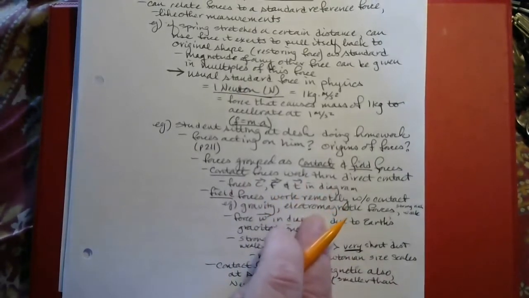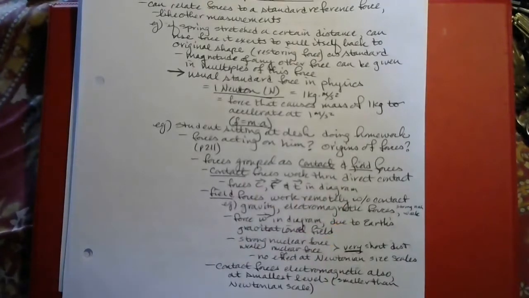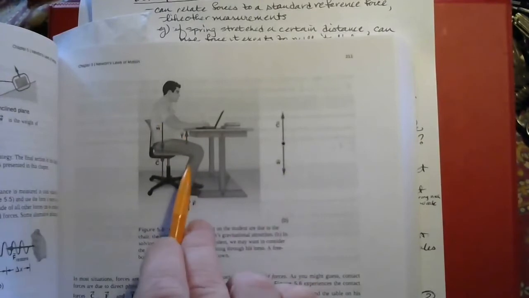And in the diagram, the diagram is on page 211. There's no way I could draw this, so I'll just show it here. So this is the diagram we're talking about here. So we have various forces. The force on the table, the force of him leaning on the table, that is a direct contact force.